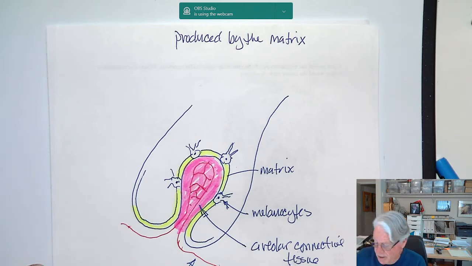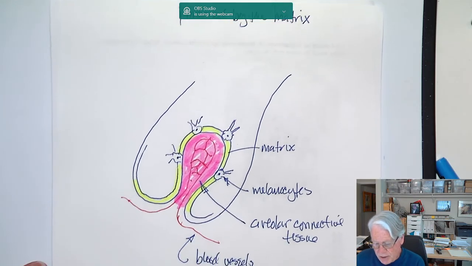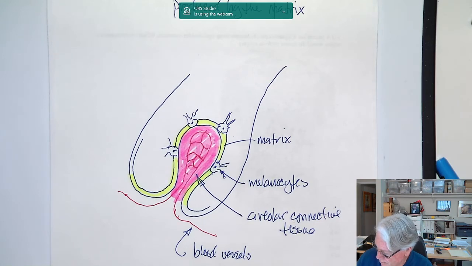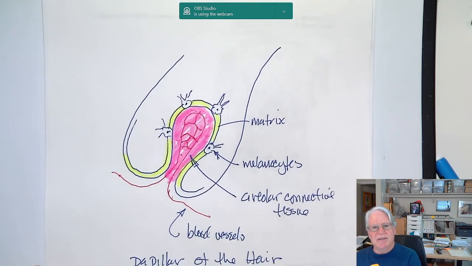All right, so what we've drawn here is the papillae of the hair. And it consists of these structures.